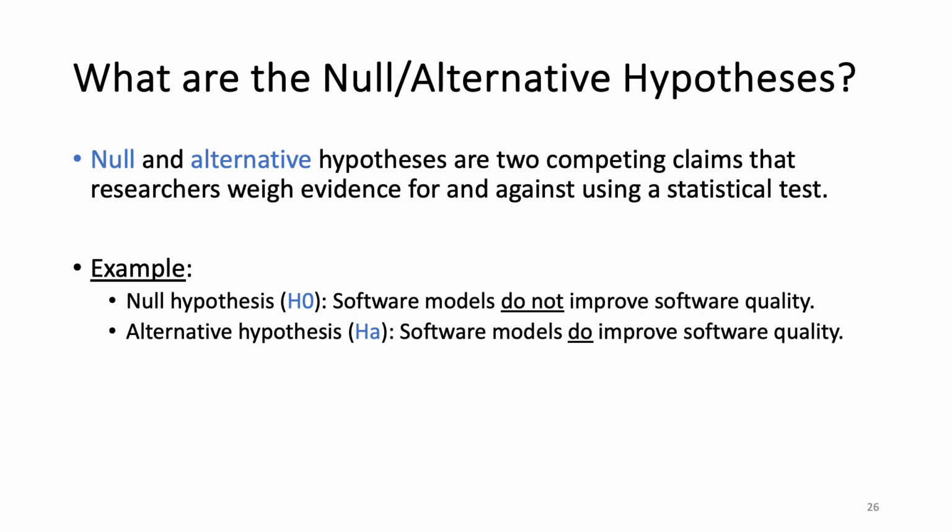In this example, we have a null hypothesis, which is that software models do not improve software quality. And then we have an alternative hypothesis, which is that software models do improve software quality. To understand which one is the case, you need to run the statistical test. Based on the statistical test, you will accept or reject the hypothesis that you have for this claim.